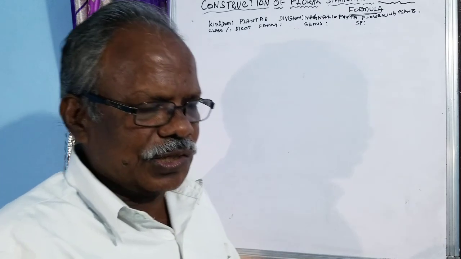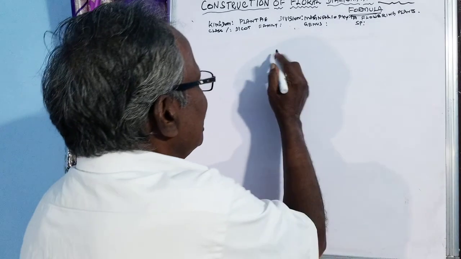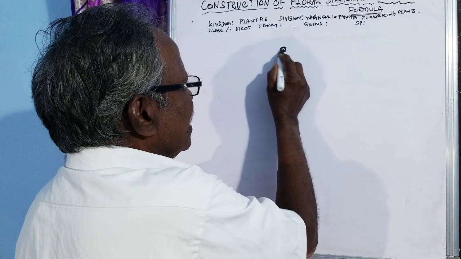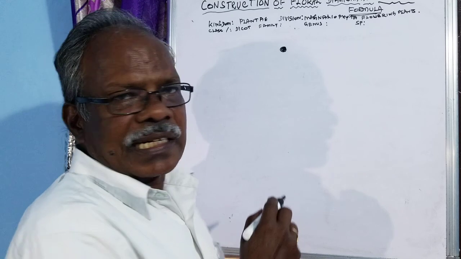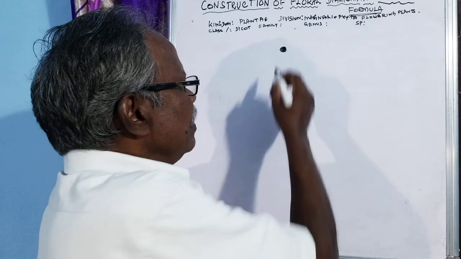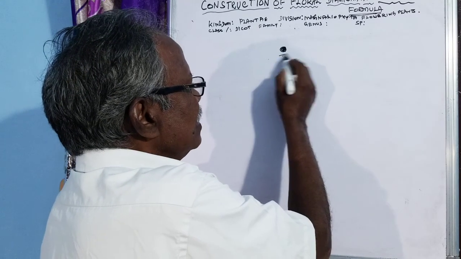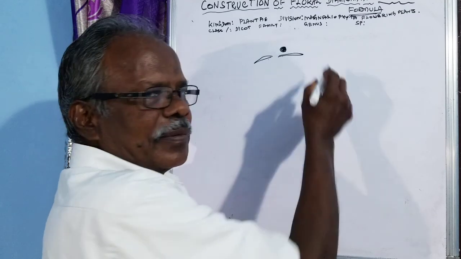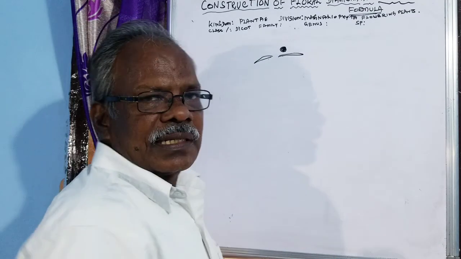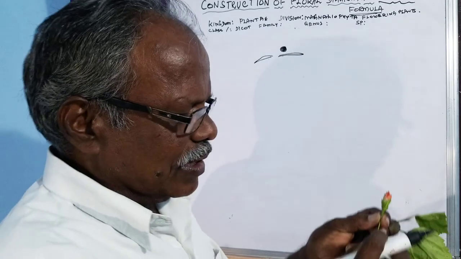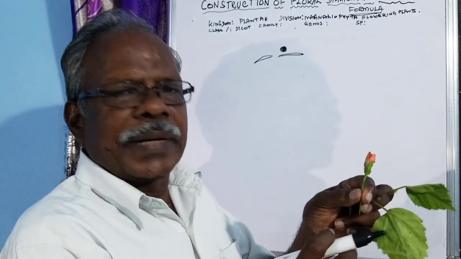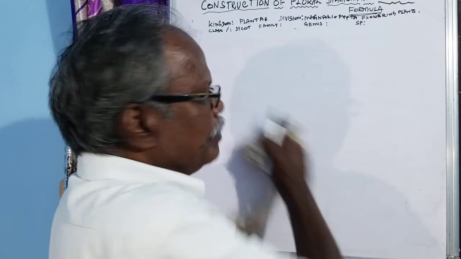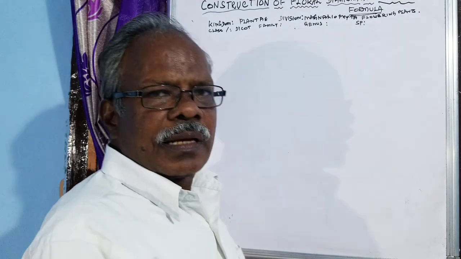The mother axis, usually on the ventral side, is represented by a dotted structure. Then we will represent the bracteate. If bracteolate is there, then we will represent the inner one, like that. So the mother axis is represented by the pedicel. Then we will see bracteate, bracteolate, like that.